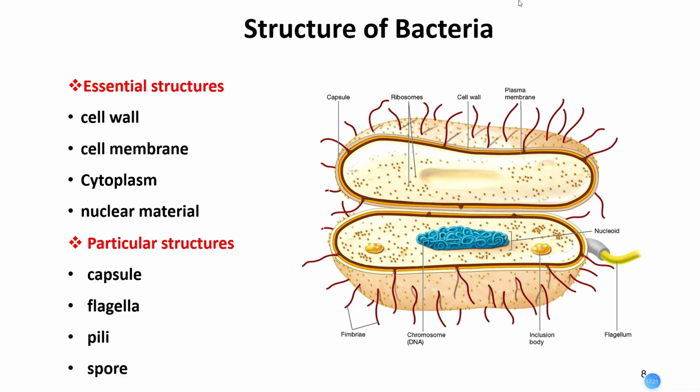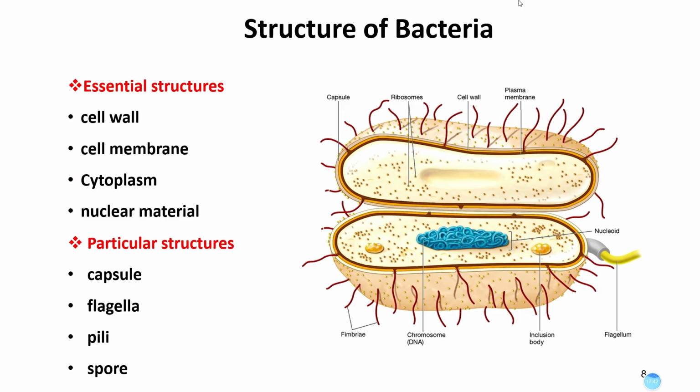It's not evenly distributed in the cell, but condensed in one part inside the cell. So those are the essential structures, found in almost all bacteria.